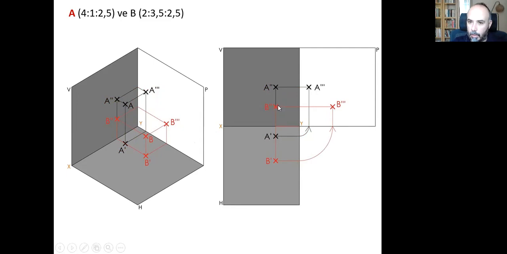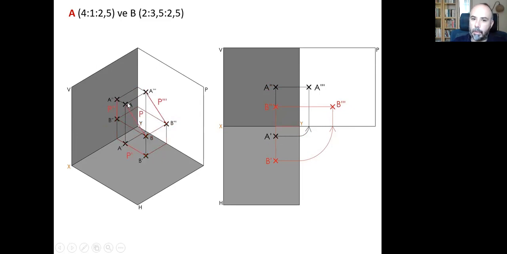And by transferring this level to the left side of the drawing, and by transferring the interval by using my compass, I can locate B triple prime, which is the third projection of this point B at their intersection.